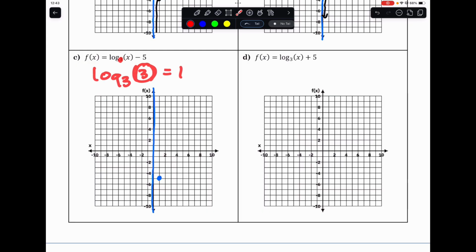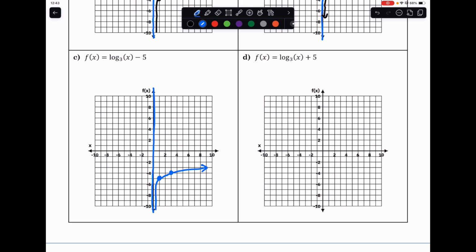So when x is 3, the y value is 1. So (3, 1), which is right there. That's also going to move down 5 units. So 1, 2, 3, 4, 5. So right there. Okay, so there you have that one.